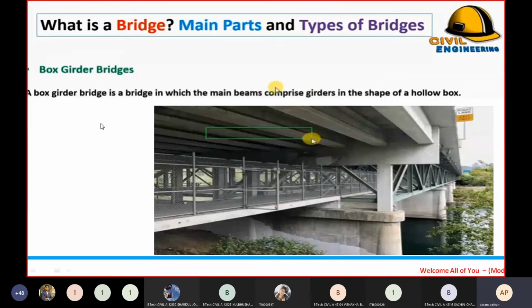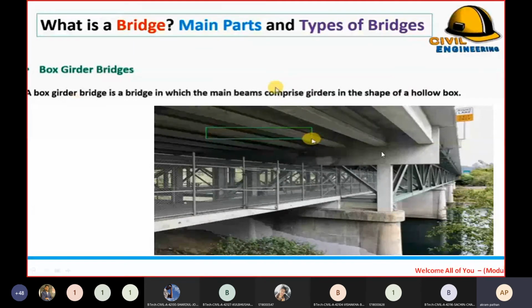Then a box girder bridge will be there. So we have the different boxes in the form of a box. Below the deck slab, the deck slab is supported over this particular box girder. So such kind of 1, 2, 3, 4, 5, and according to the span of the bridge, we have to construct a different box girder in the I sections below the deck slab.